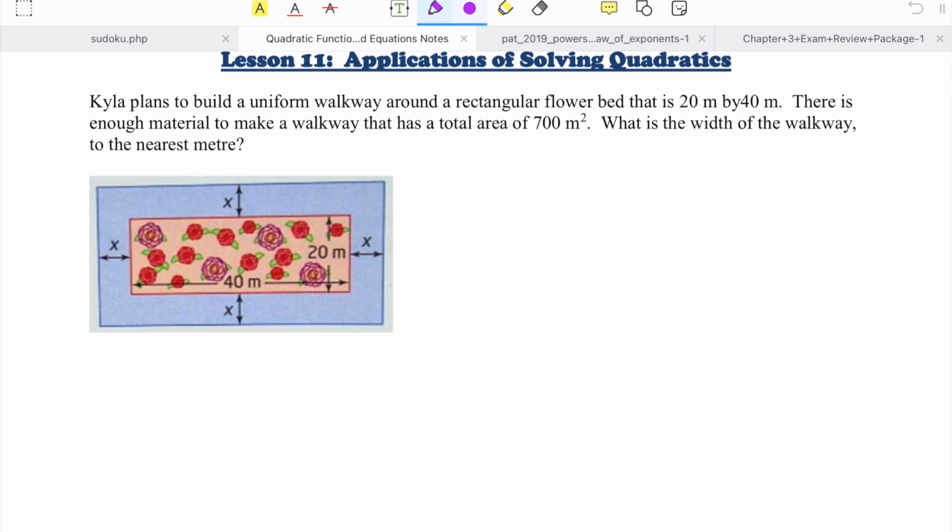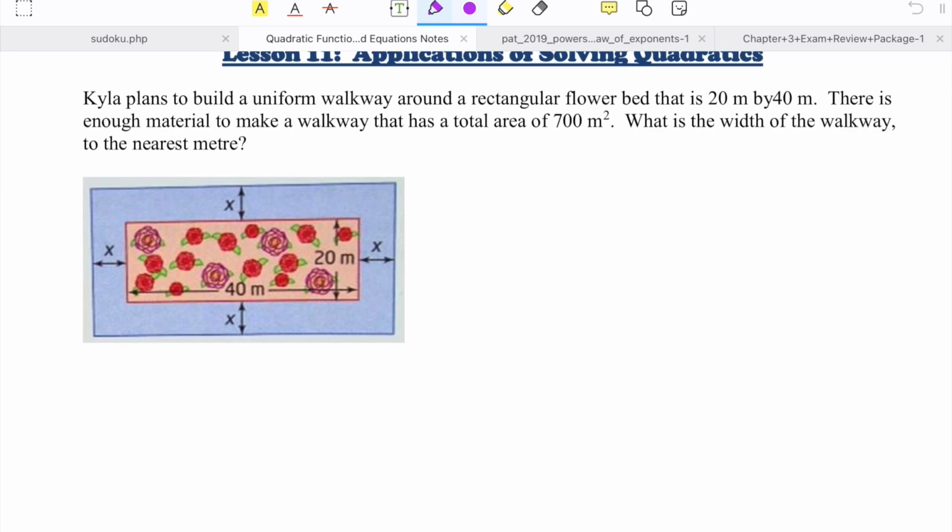40 meters. There is enough material to make a walkway that has a total area of 700 meters. So they have given us the area of the walkway. What is the width of the walkway to the nearest meter? And they told us what 700 is, which is the walkway, right?